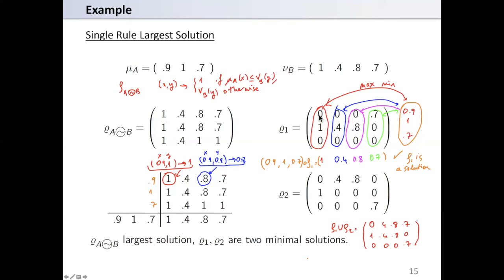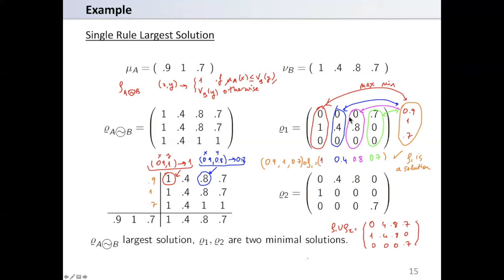So 0, 0.9, minimum is 0. Here the minimum is 1, and for this one the minimum is 0. Choose the maximum, it is 1. The value is 1 here.